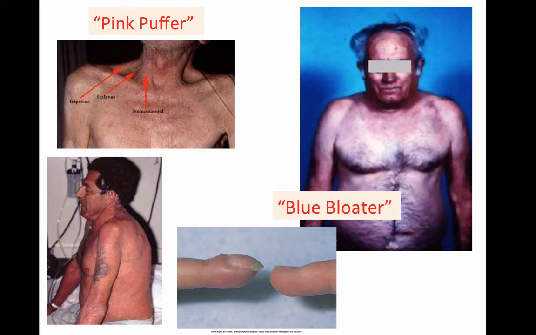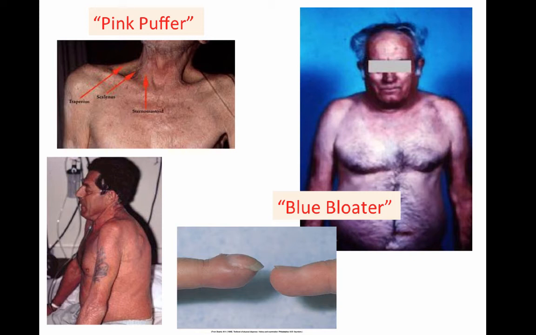The blue bloater is more of the chronic bronchitis person. You're going to see the excessive mucus production. You're going to have real airway obstruction from the chronic bronchitis. These patients have a much bigger VQ mismatch because they have the inability to really take in the breath. You're going to see an increased CO2 retention in the blue bloater as well because of the increasing obstruction.